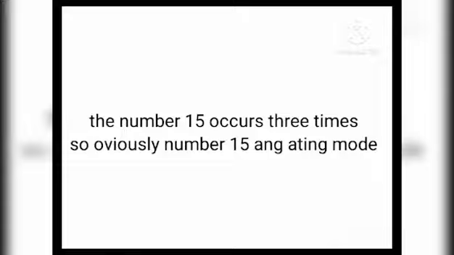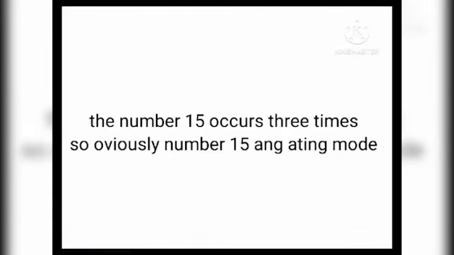So, malalaman natin ang mode sa isang dataset ng number kung ito ay madalas or marami. So, number 15 ay tatlong beses siya nakita or naulit sa isang dataset. Therefore, number 15 ang ating mode.